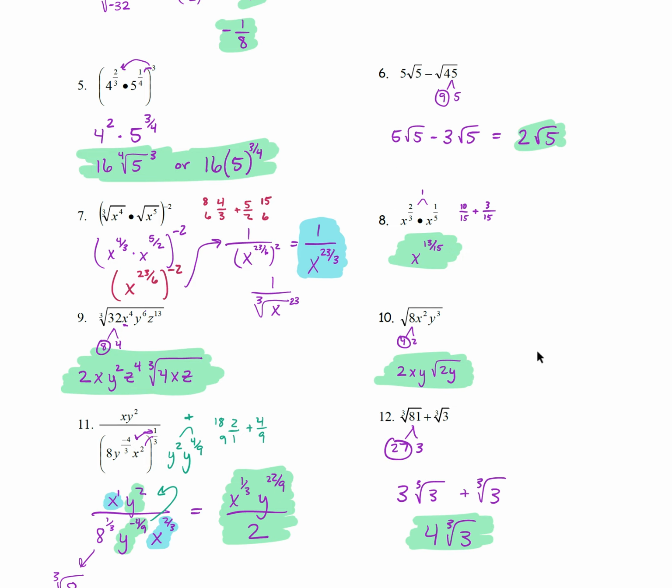7, we're going to rewrite that as, instead of x to the 4th cube root, we're going to write it as x to the 4/3, and then x to the 5/2. We can combine those.